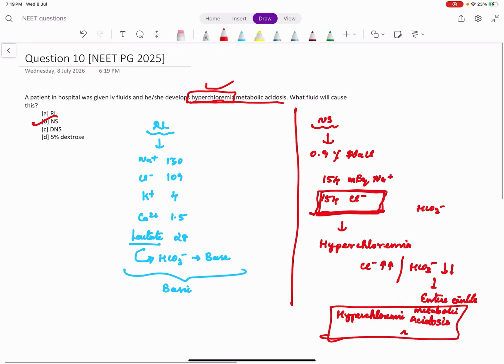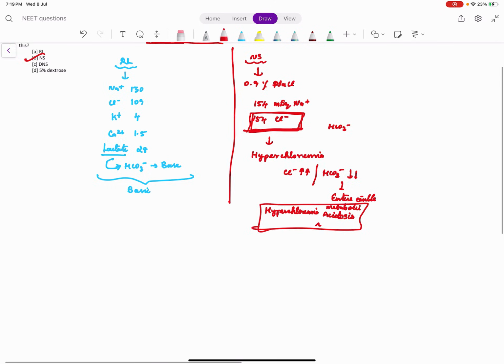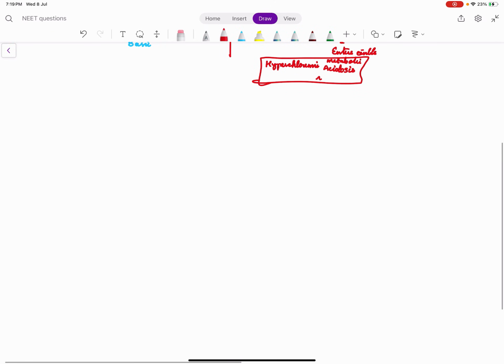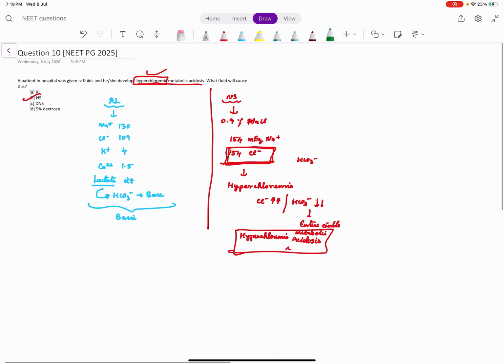Last year's NEET was important because so many questions came on acid-base balance and on fluids and electrolyte balance, since it is very important on a practical basis. We'll discuss some important crystalloids. We discussed NS and RL, and these two are the initial fluids of choice in practically any condition, especially diabetic ketoacidosis or hypotension.